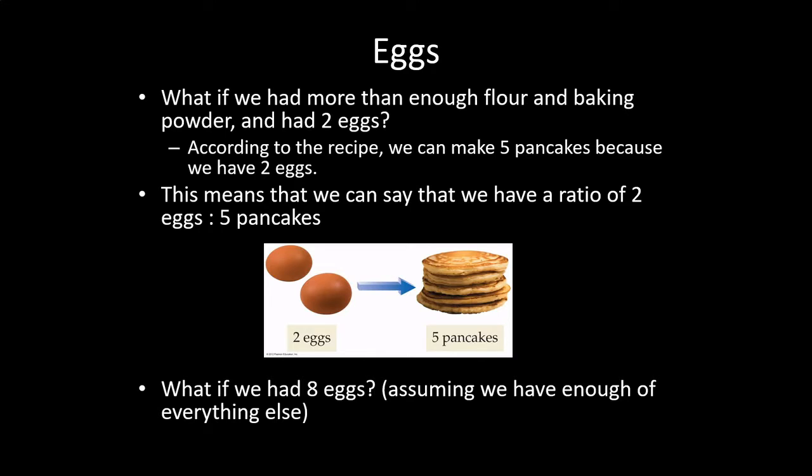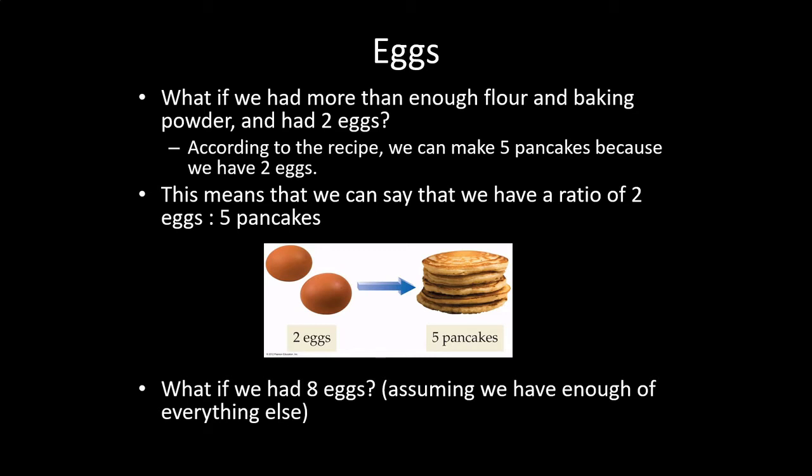Now, thinking about this recipe, what if we had more than enough flour and baking powder, and we had 2 eggs? So we have more than enough of everything else, and we have 2 eggs. Well, according to the recipe, we can make 5 pancakes, because the recipe tells us that for every 2 eggs, we get, as a result, 5 pancakes.